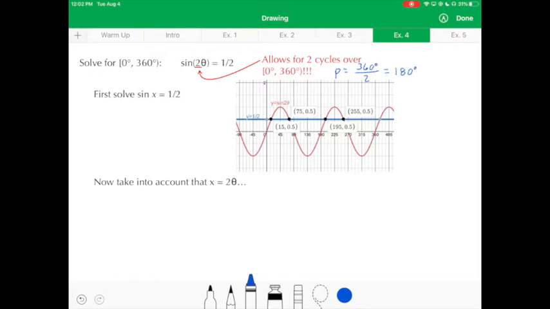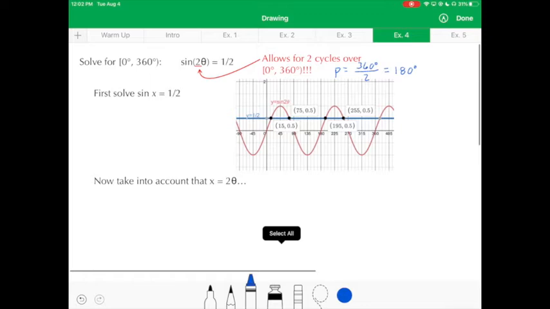So here's how I want you to approach this, all right? Whenever that argument of the equation is something other than theta or other than x, I want you to ignore it to start, okay? So we're first going to begin by solving the basic equation sine of x equals 1/2, okay? So we're treating 2 theta like x right now, right?